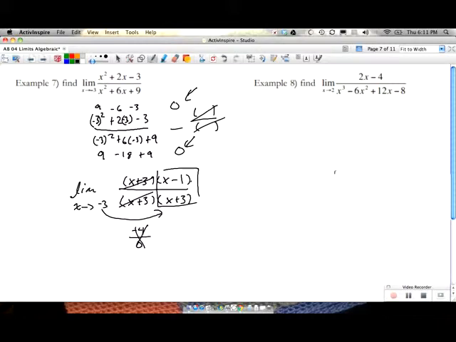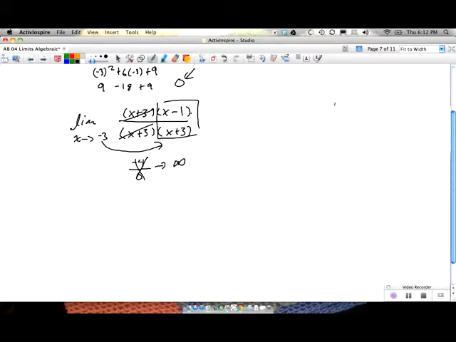Now, of course, that's not really an existing number, but it is going to be some type of infinity. So we got to check the left side and the right side. Well, let's do it just like we did with the other ones. So the left side, we'll do this in red again, the limit as x approaches negative 3 from the left.